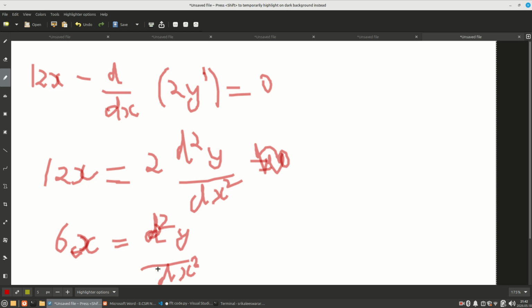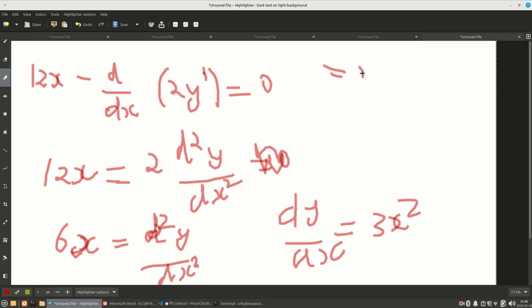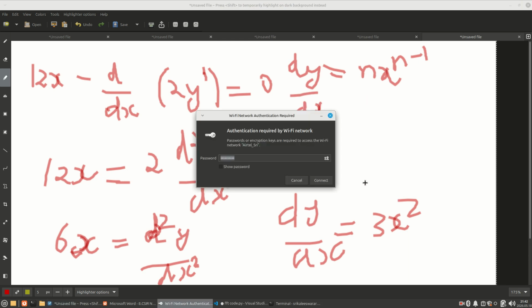So when we resolve it, we get dy by dx as 3x square. We already know the differentiation formula, which is n x to the power n minus 1. This is the formula we get.